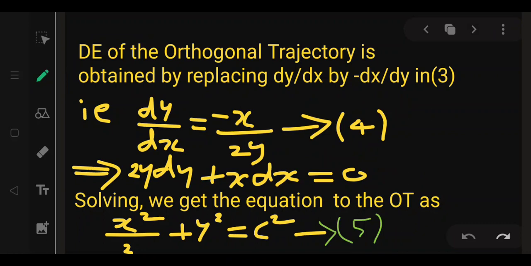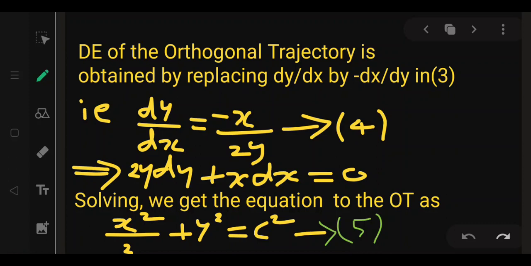That is, we are getting dy by dx equal to minus x by 2y. Now, this is the differential equation of the orthogonal trajectory, but we need the equation of the orthogonal trajectory. How do we get it? You just solve equation 4.